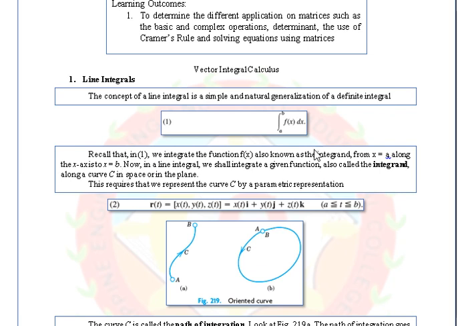Recall that in this equation, we integrate the function f of x, also known as the integrand, from x equals a along the x-axis to x equals b. Since we are integrating a function of x dx, we say that we are integrating it as a function of x. We shall integrate the given function, also called the integrand, along the curve C in space or on the plane.